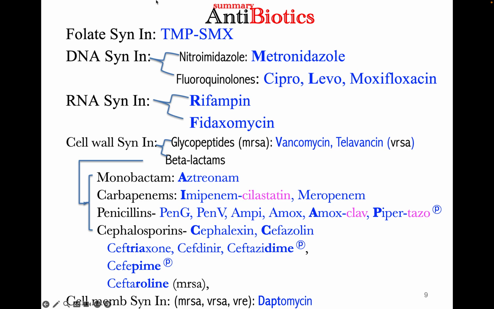Therefore you should never combine another nephrotoxic drug with trimethoprim sulfamethoxazole. Example, vancomycin. Try to avoid combination because of this adverse effect. Then also this is contraindicated in pregnancy.